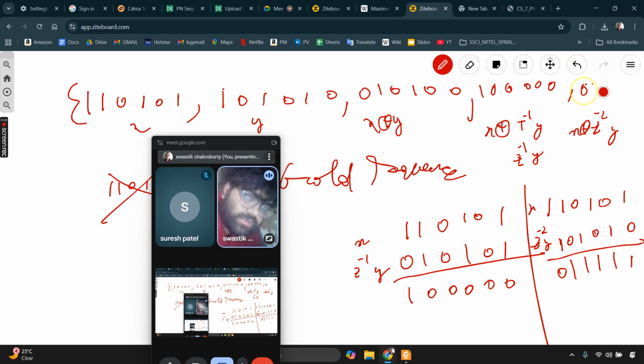So it is just the opposite, 0 and then all ones. Like that you generate the gold set. If you are given two maximal length sequences, this is how you generate the gold set. I hope this is clear.